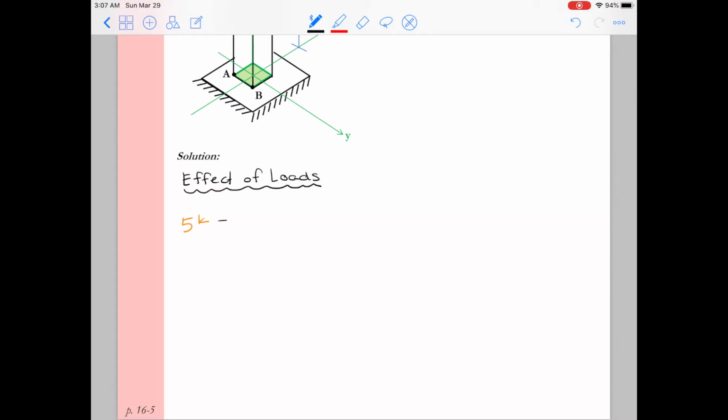So we said that the 5-kip load that was acting in the negative Z direction was causing compression at both points A and B. I'll just denote that this is bending compression.